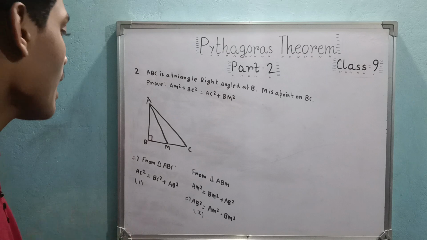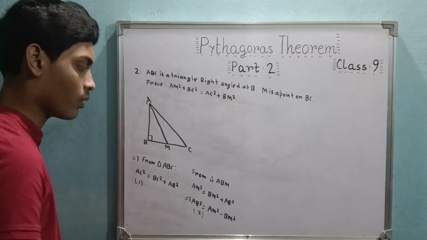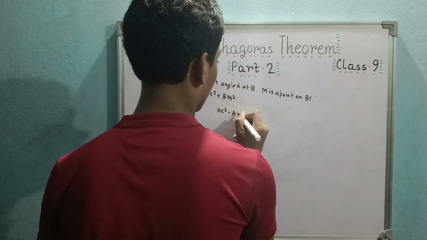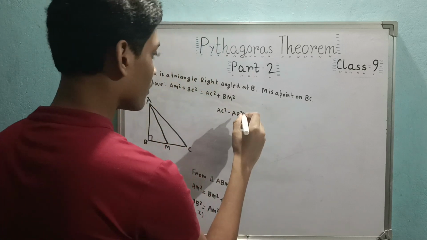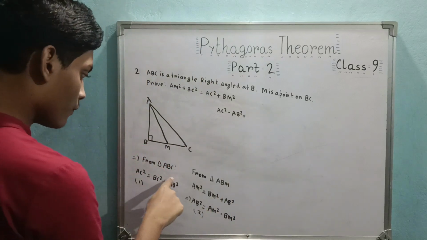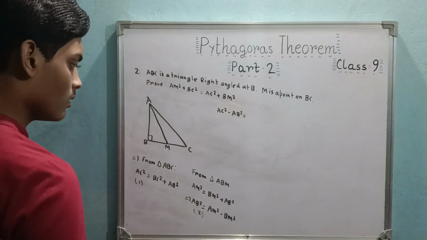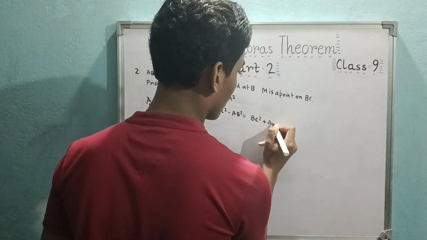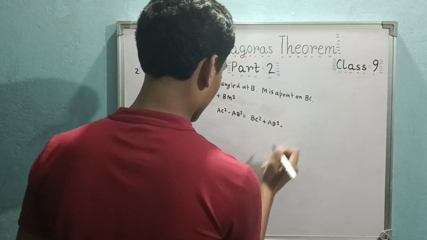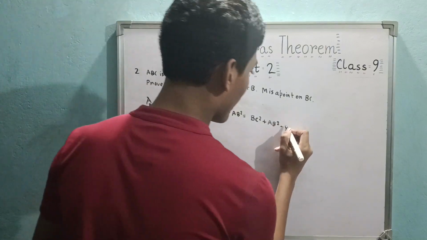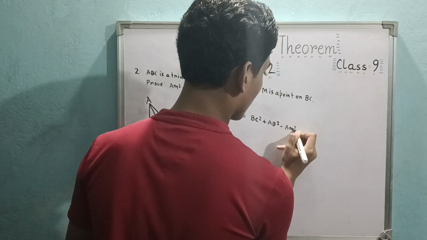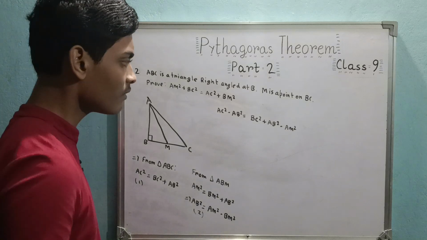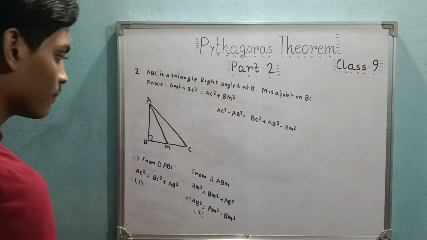That's no harm. Now, what if I do AC square minus AB square? That means this value and this value will get subtracted, equal to BC square plus AB square minus AM square, and here minus minus plus BM square.